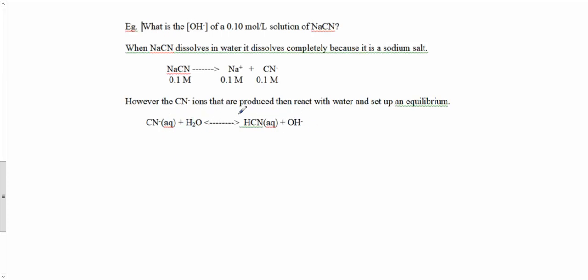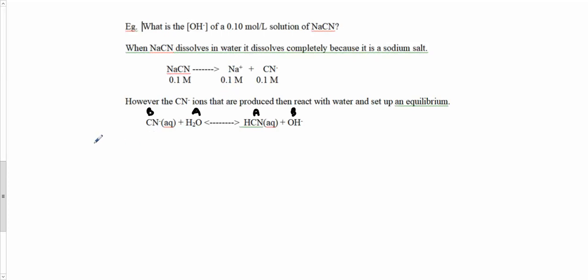So here is my acid, here is my base, yes, here is my acid, here is my base in terms of conjugate acid-base pairs. So inorganic ions can sometimes turn solutions acidic or basic, and it's because the ions they break apart into can start acting like acids or bases.